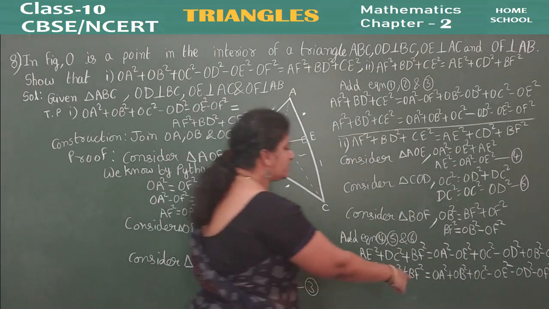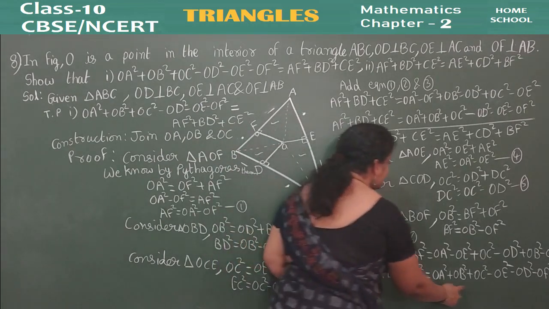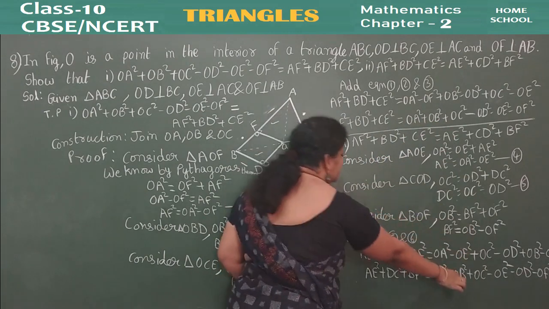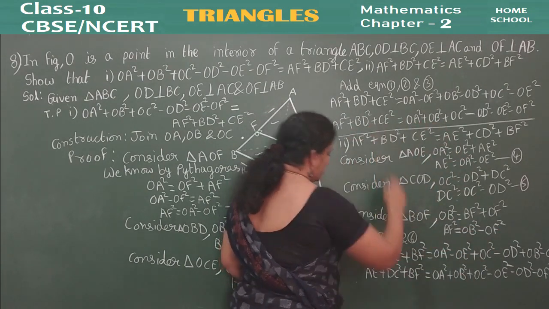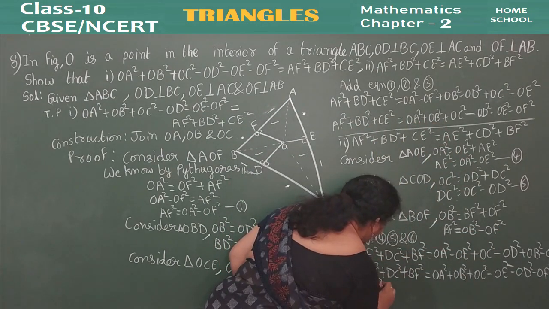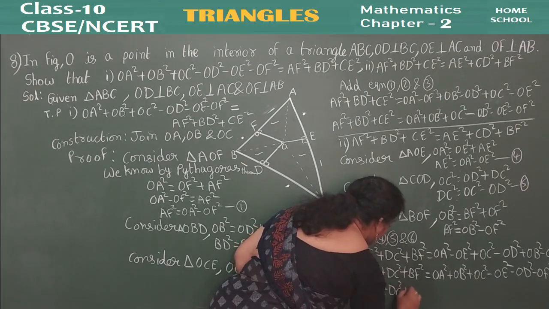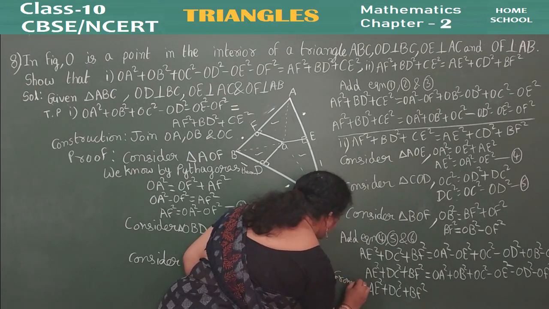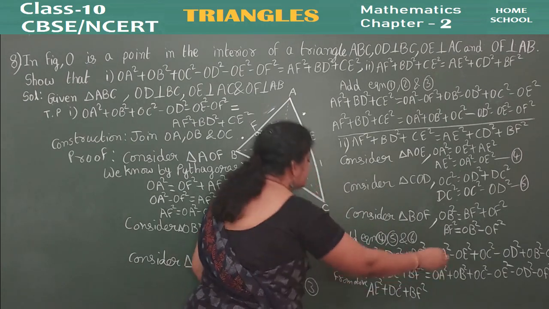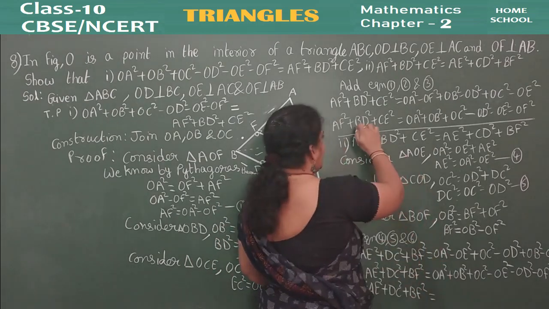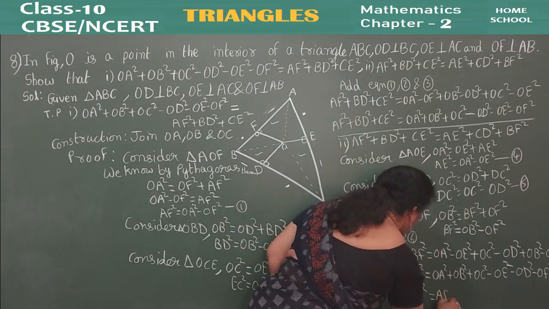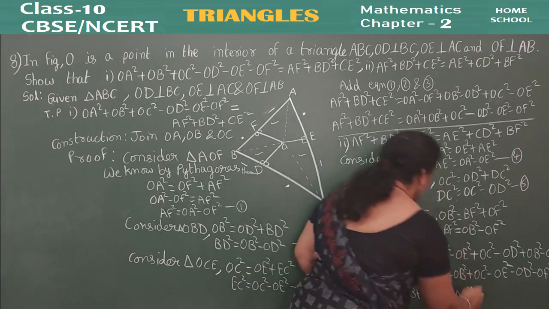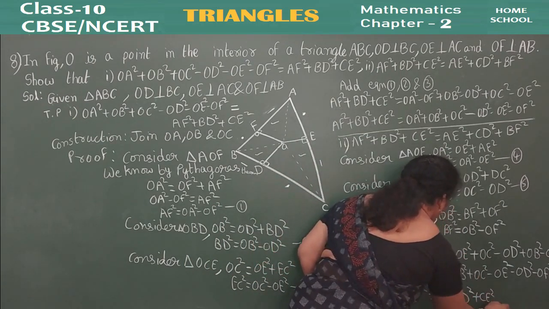Now look at the statement, children. What does this line indicate? From the above first proof, this line is nothing but this one. So substitute now. AE square plus DC square plus BF square, from above, we know that this statement is equal to AF square plus BD square plus CE square.